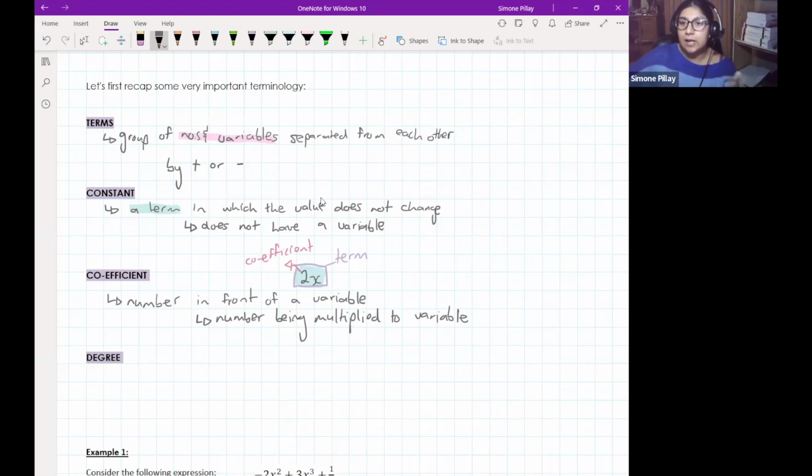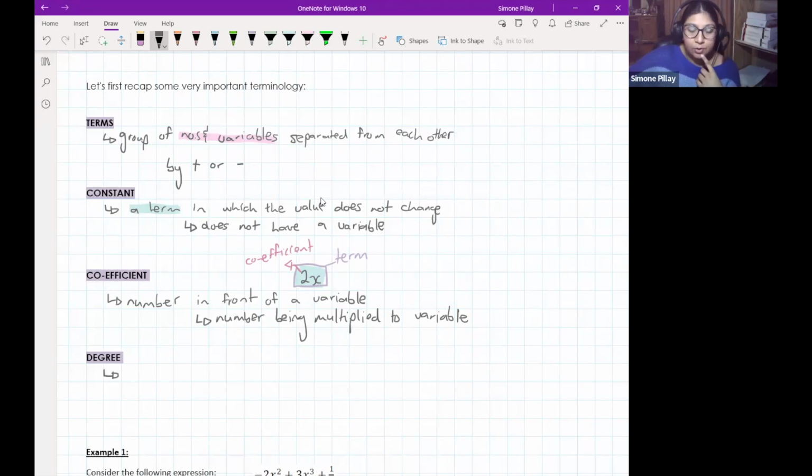Beautifully said. Umar is also correct, the highest power. Tando, degree is an expression that is being raised by its exponent. So Tando, be careful, because yes, when we're talking about a degree, we are looking for the exponent, but in my entire expression, I am looking for the highest exponent.